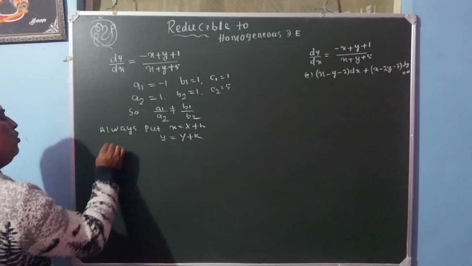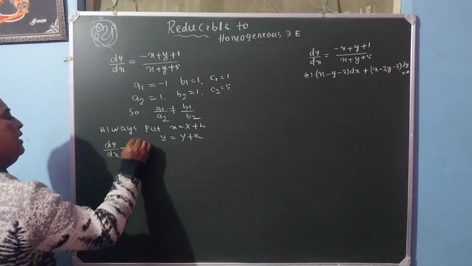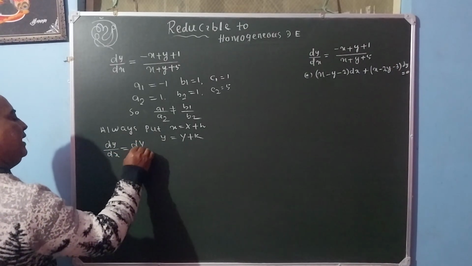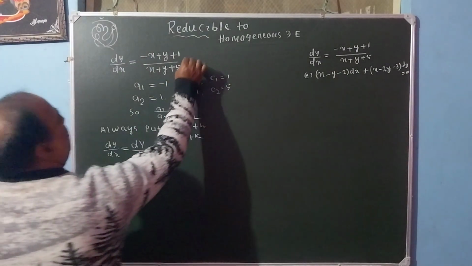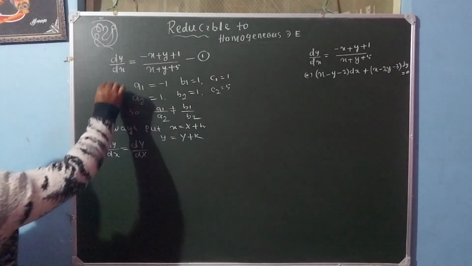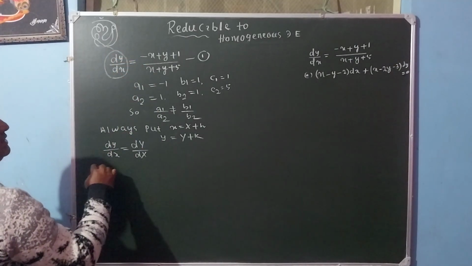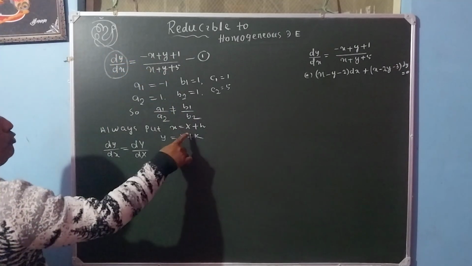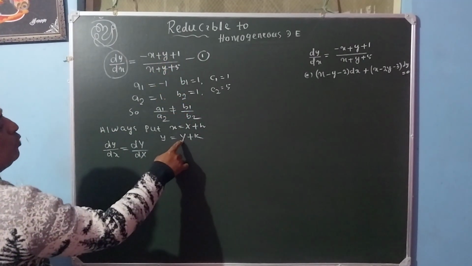So small dy by dx is equal to capital dy by dx. Now the equation 1 becomes: in place of dy by dx, we put capital dy by dx; in place of x, we put X plus h; in place of y, we put Y plus k.